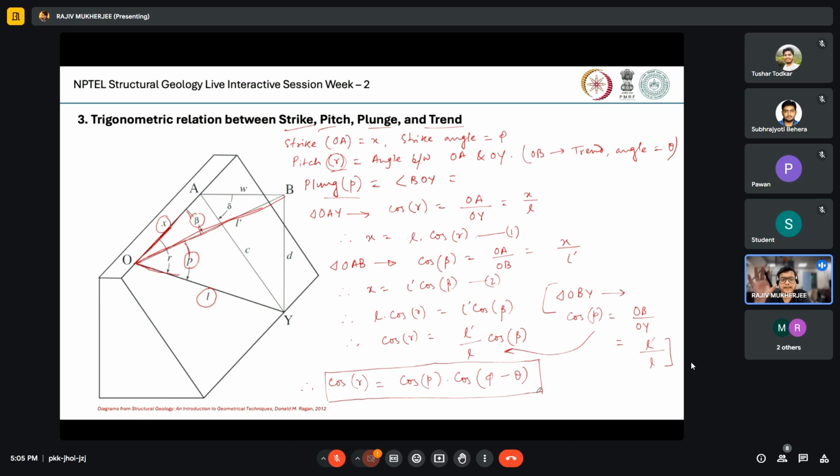So these are basically pretty easy trigonometric relations. They are nothing serious about them. These are just trigonometric calculations. We have to put different sines and cosines and adjust these values to get a trigonometric relation like this.